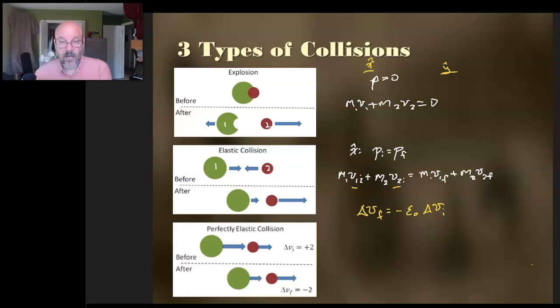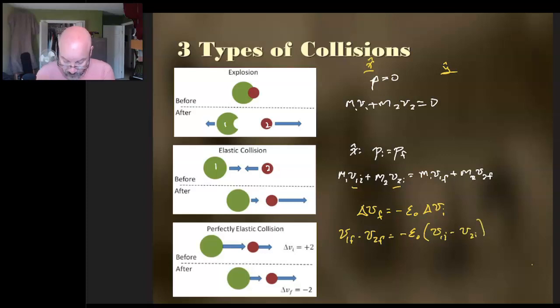When I write delta V final and delta V initial, what I really mean is V1 final minus V2 final is equal to minus epsilon naught times V1 initial minus V2 initial.